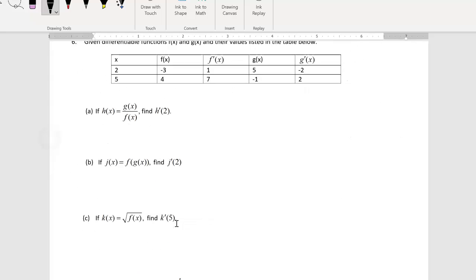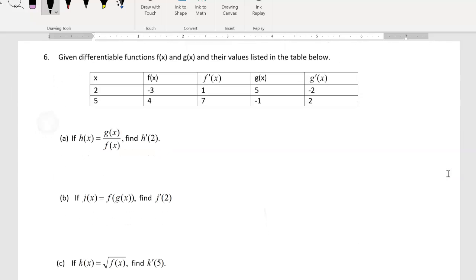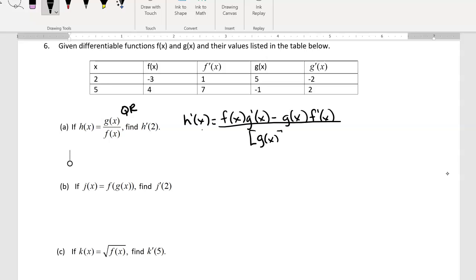All right. And here we go with the last piece of this page, doing derivatives and evaluating them from a chart instead of actually plugging in and evaluating some known function. So the first one is straight up. Do you know the quotient rule? So h prime of x is f low d high minus high d low all over the square of what's below.